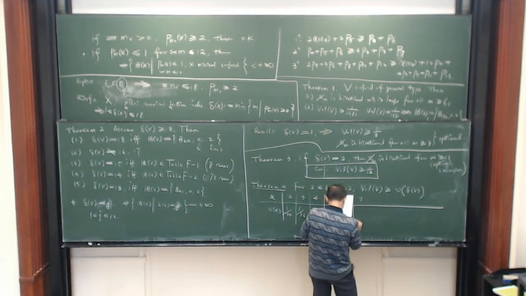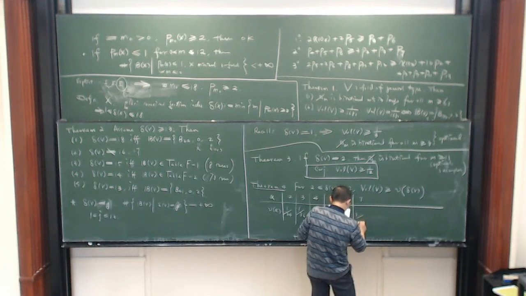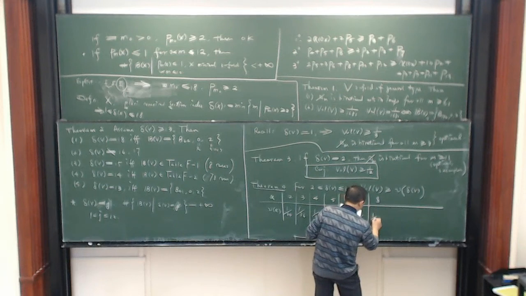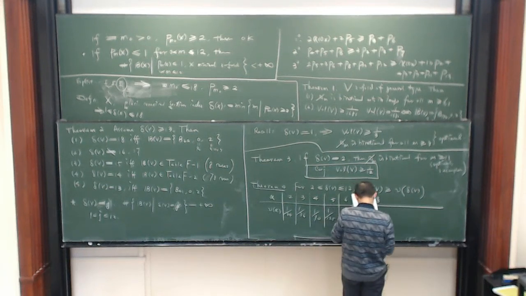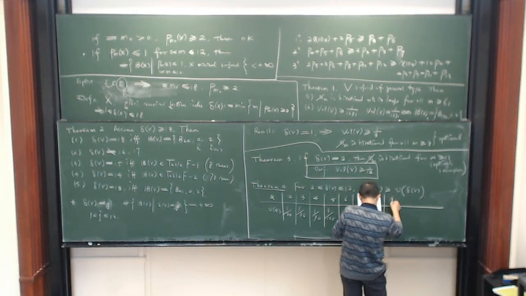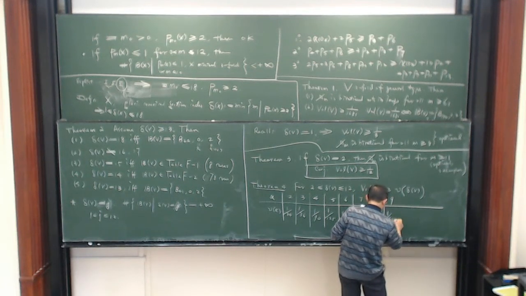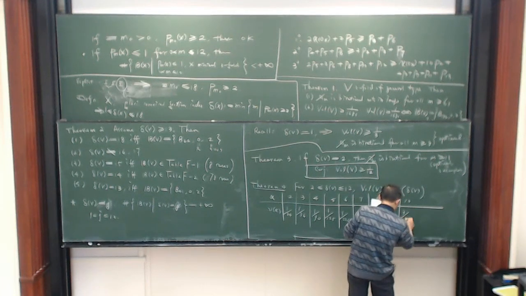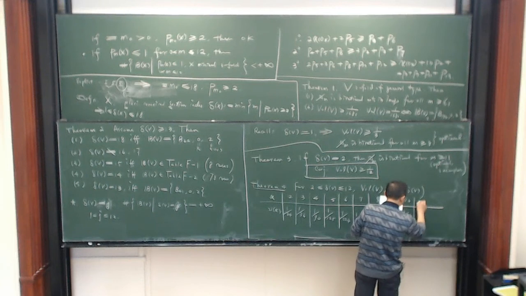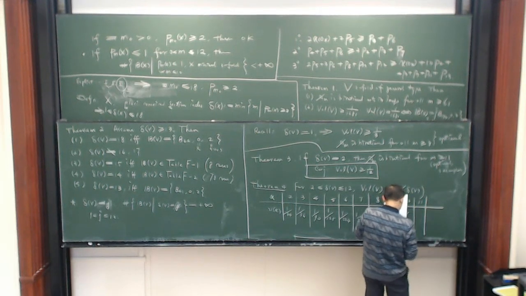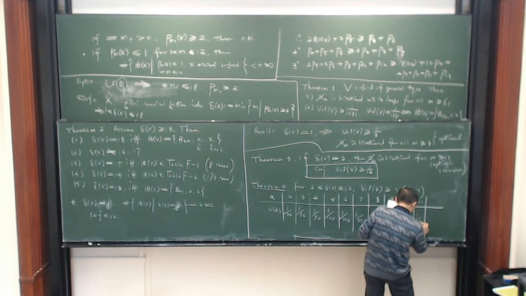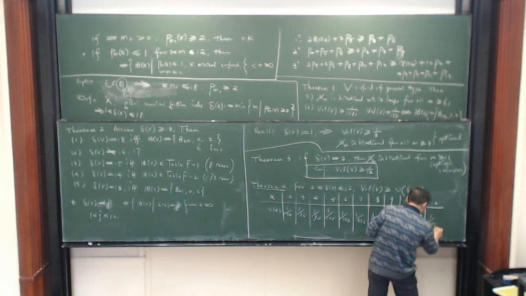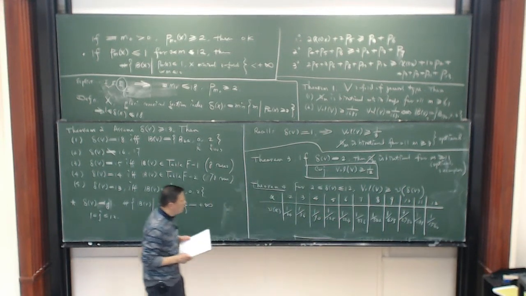And 7, 1 over 3, 6, 8, 1 over. And the last one is 1 over 1560.